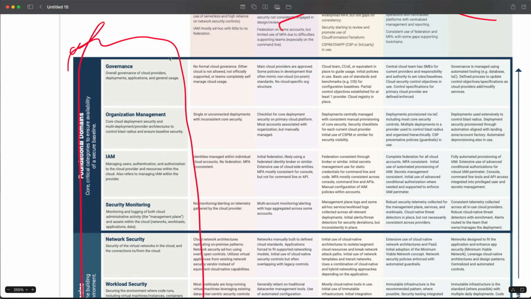All right, so looking at these, let's go through them one at a time. Let me zoom in here a little bit on my drawing. We're going to start with governance, and we've actually done quite a bit on governance, but governance is a little tricky because it breaks into 2 sides. There's technical and then there's non-technical. And most of governance is non-technical.